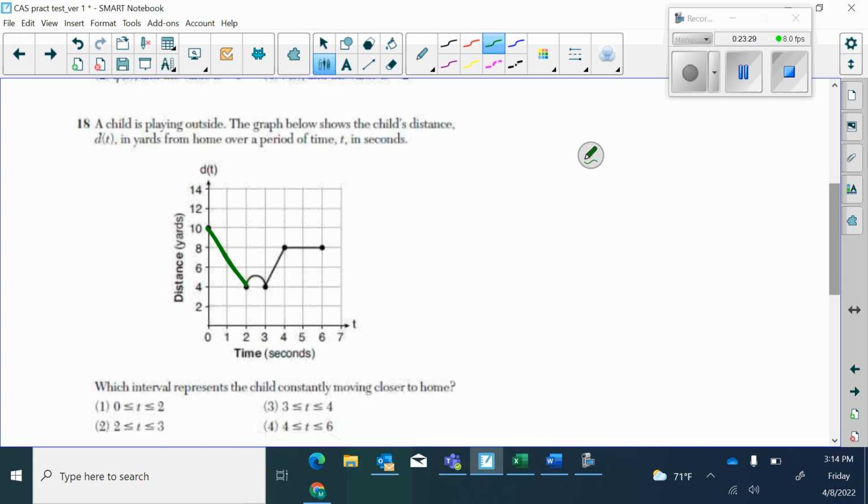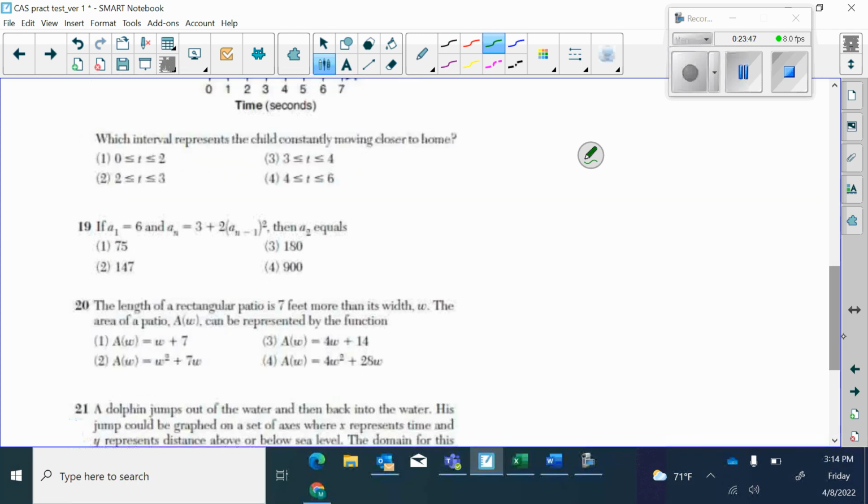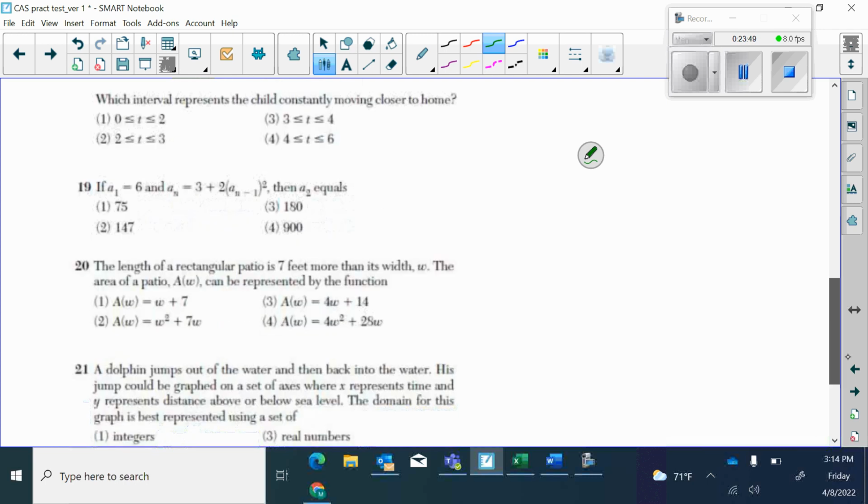See, that distance is getting shorter from 10 yards away down to 4. That's constantly getting shorter. That's from 0 to 2 is your interval. Okay, you'll have that. It's just reading graphs. Okay, so next one right here.